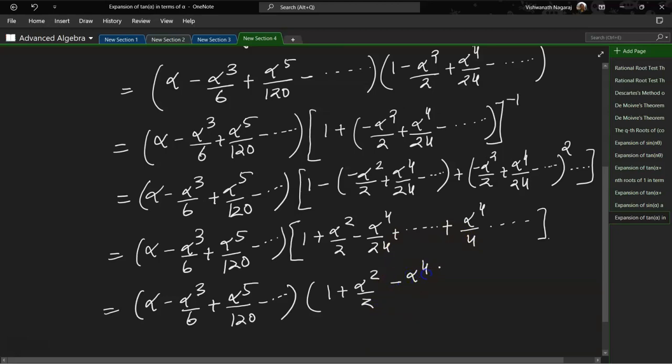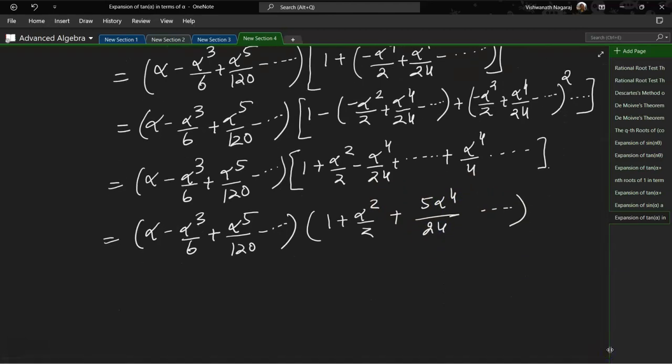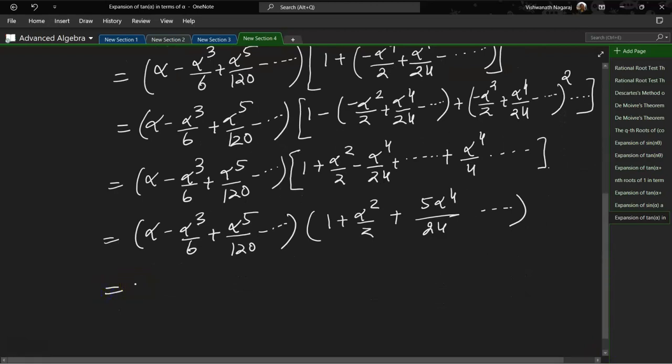Minus alpha 4 by 24 plus 6 alpha 4 by 24, dot dot dot, and this becomes plus 5 alpha 4, denominator will be 24. Now you have to be very careful when you are multiplying expressions with dot dot dots.